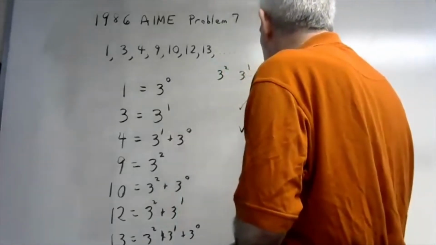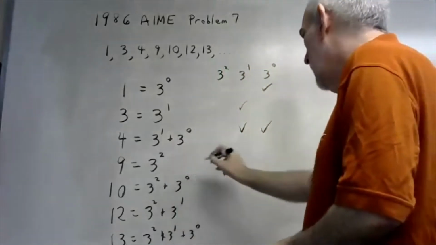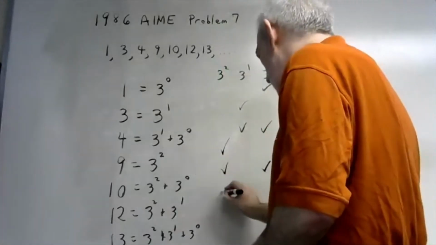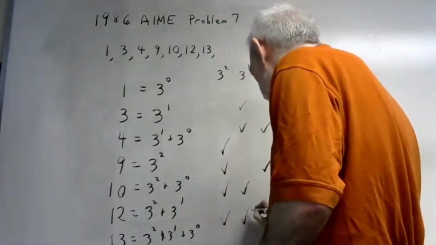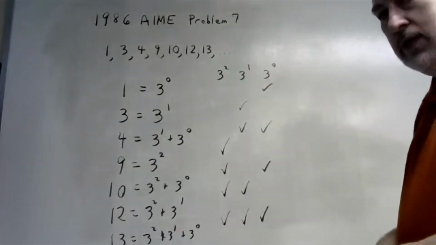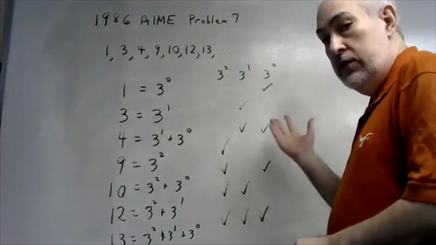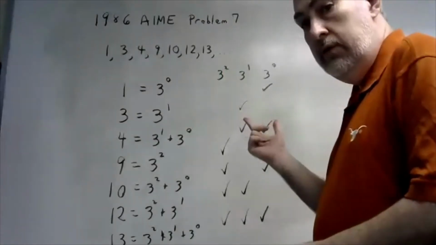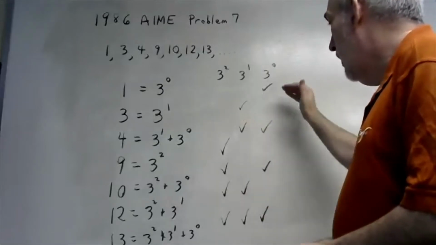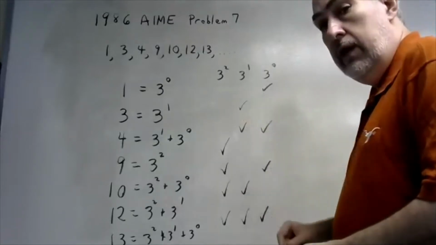Here we're keeping the 1 and the 0, here we're keeping the 2, and here we're keeping the 2 and the 0. You may begin to see a pattern forming here. If you change the check marks into the number 1s, this would be binary for the numbers 1, 2, 3, 4, 5, 6, 7, and so on.